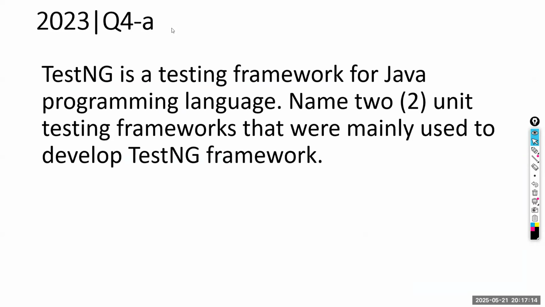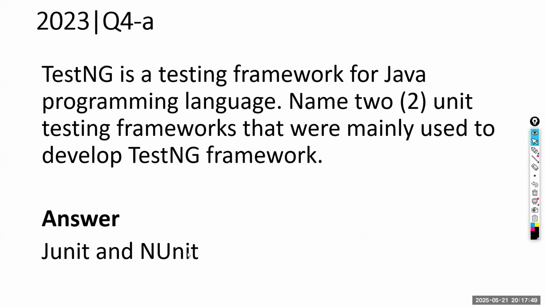Right. So question 4A. TestNG is a testing framework for the Java programming language. Name two unit testing frameworks that were mainly used to develop TestNG. Remember, TestNG was inspired by JUnit and NUnit. It's anyway mentioned in your TestNG documentation also. So what are the two frameworks that inspired TestNG? JUnit and NUnit.